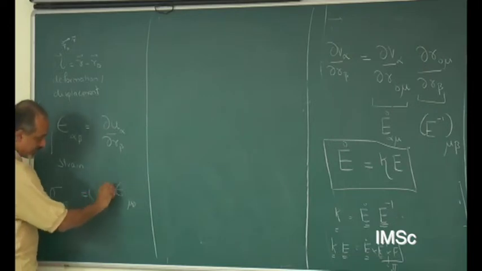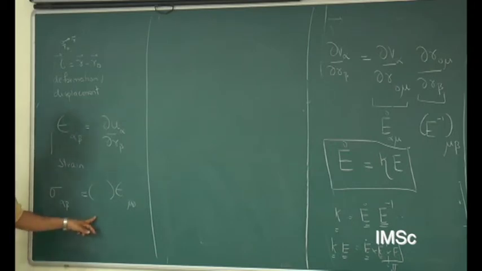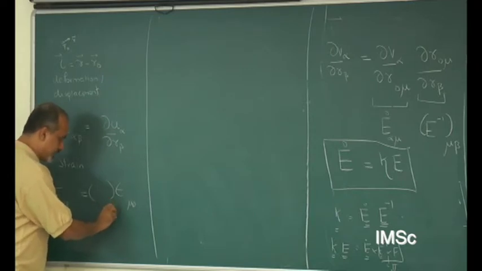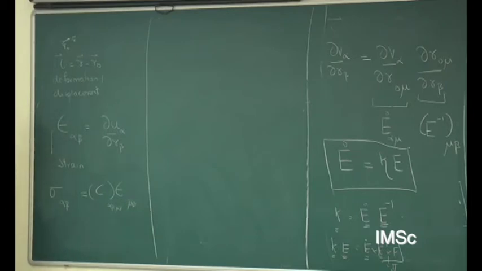But here there must be a more complicated quantity that connects these indices together, and this has lots of indices. This must have at least 4 indices, because it must be alpha, beta, mu, and nu. So it's C alpha, beta, mu, nu.